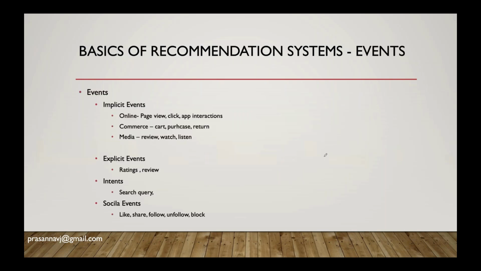So before we get into the code, or before we get into understanding the different types of recommender systems, let's understand what is the basic thing that is required for a recommender system to work properly. The first thing is events. It could be an implicit event.